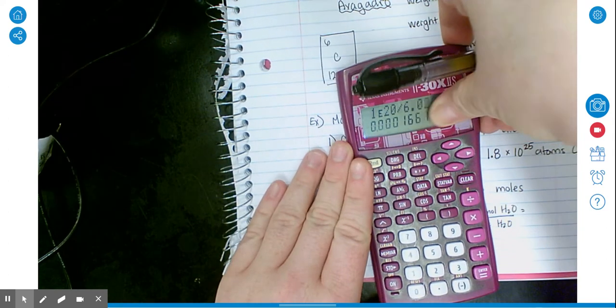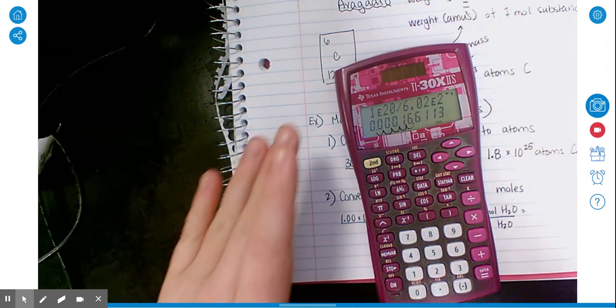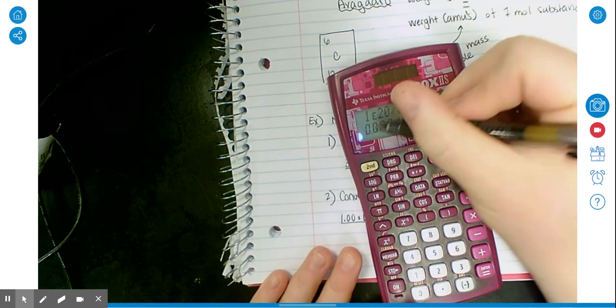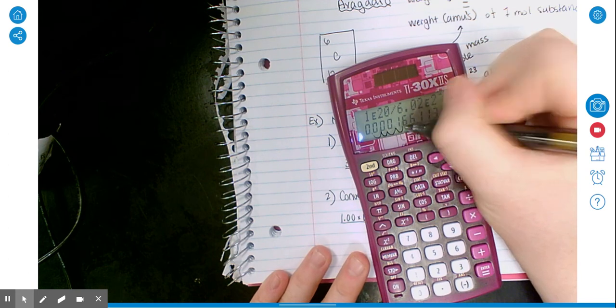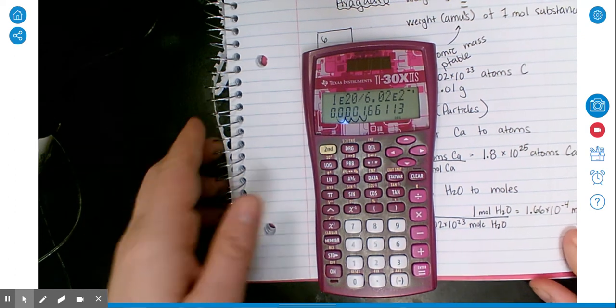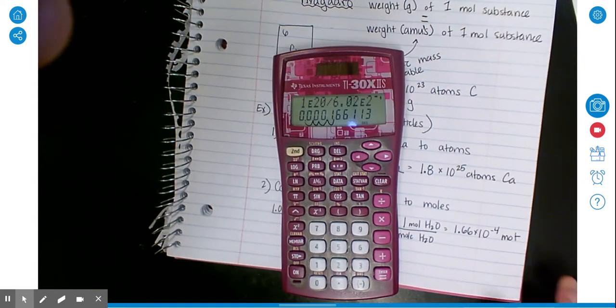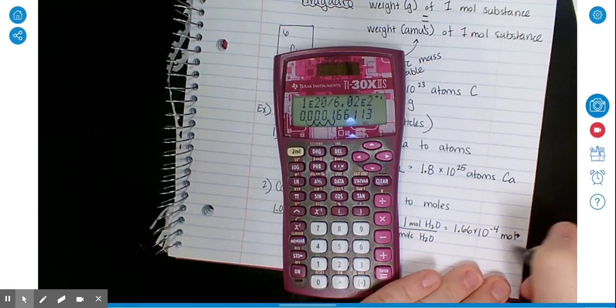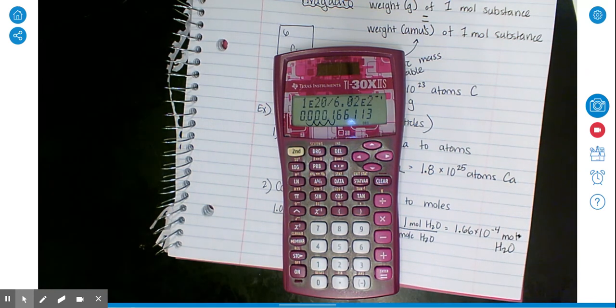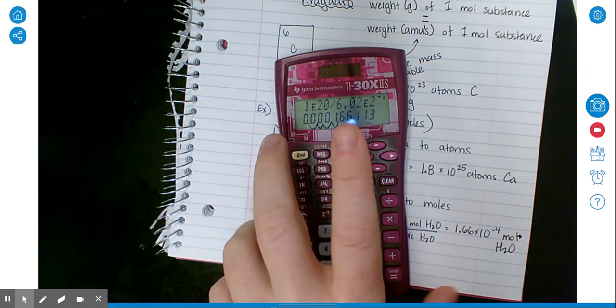I'm going to take that and turn it into scientific notation. 1, 2, 3, 4. 1.66 times 10 to the negative 4th moles of water would be your final answer.